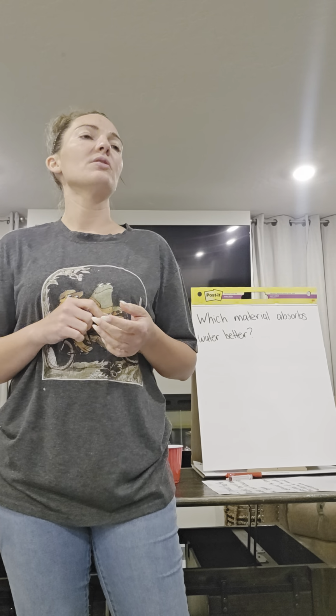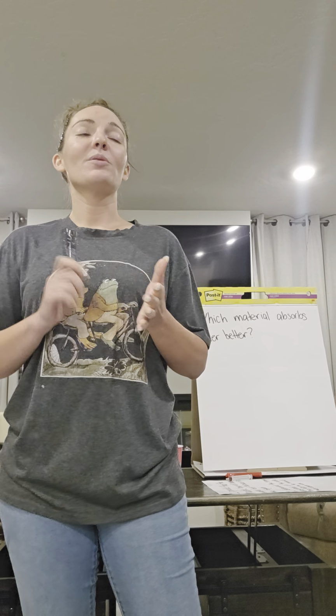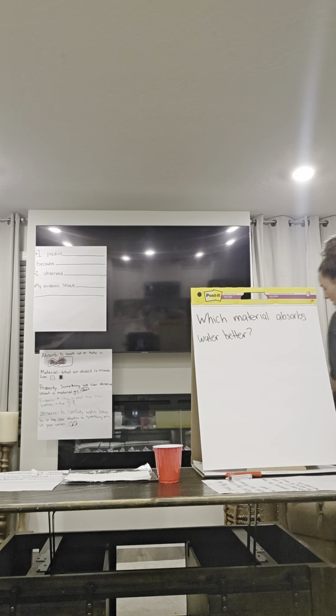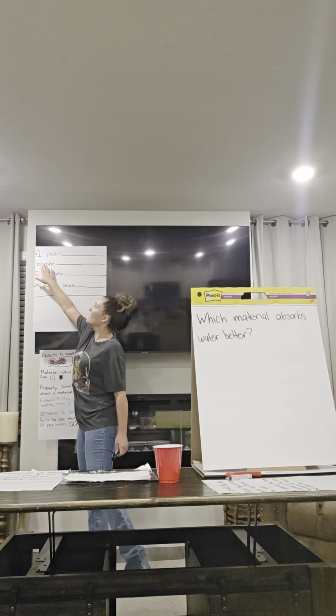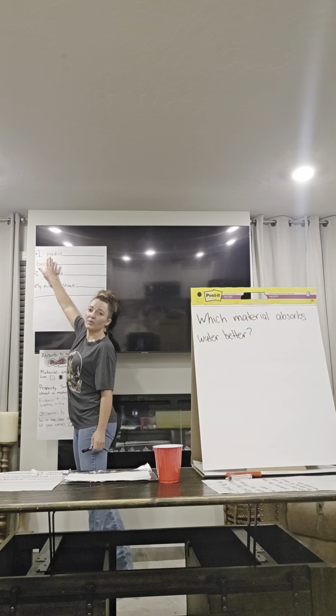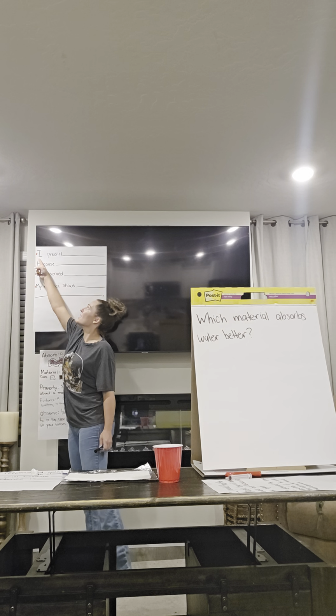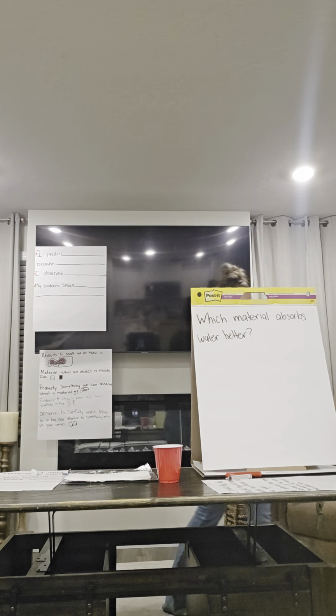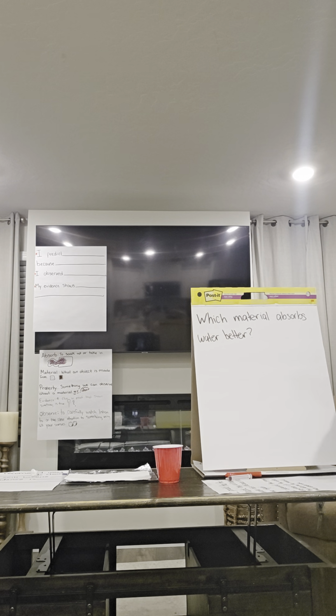Where's a safe, smart place we could put our prediction? Go ahead, Mila. Our science journals, that's right. So we're going to write our prediction down in our science journals. If you need, up here we've got the sentence starter, I predict. So you can say, I predict, and then there's our starter for you.